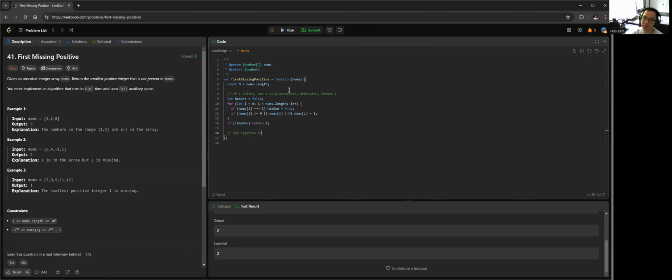We can set the negative value at the index to represent the positive integer, right? Set negative value at index to mark it visited.